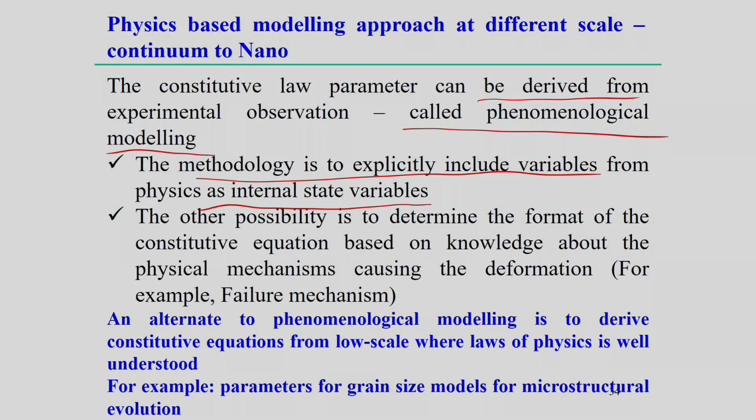This way we can develop one particular model. In a phenomenological model, we represent all these things in terms of some internal state variable. Of course, this state variable can also be included in the recrystallization model as the grain size. Average grain size can be a state variable as well.